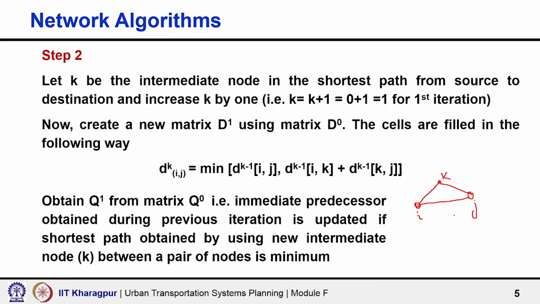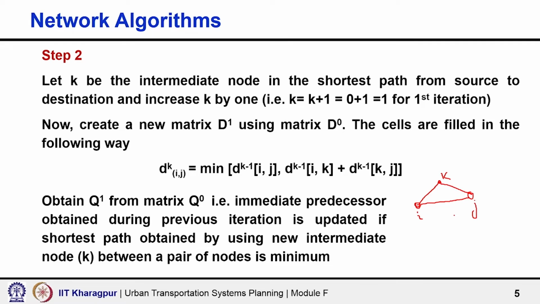But if I find that d k-1 i k plus d k-1 k j, that means travelling through k instead of travelling from i to j, whatever the present value is, it may be direct or may not be direct, but what is the best value so far?